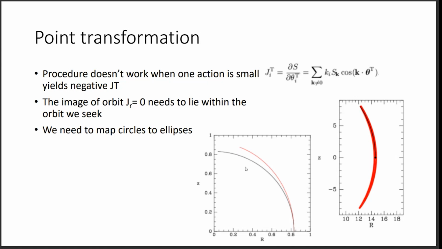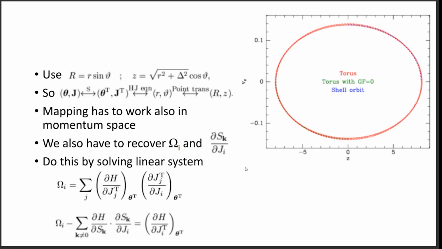Right, so that's what I've got to do. I've got to map this into this, and this diagram shows the result of doing that. But we do that using precisely this ellipsoidal coordinate system. So r and theta are the spherical polar coordinate variables for which I know the transformation to toy angle-action variables.